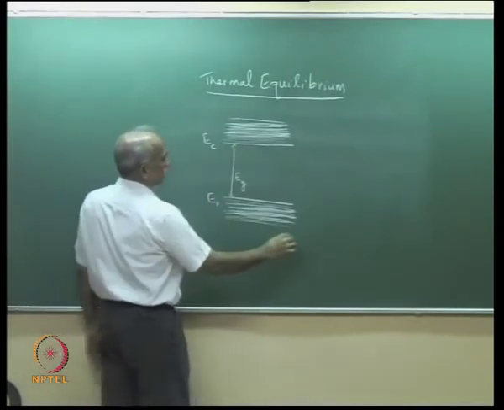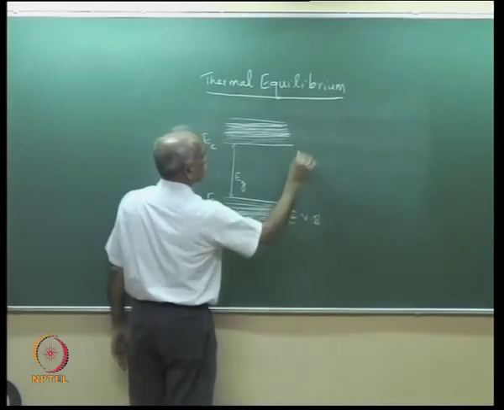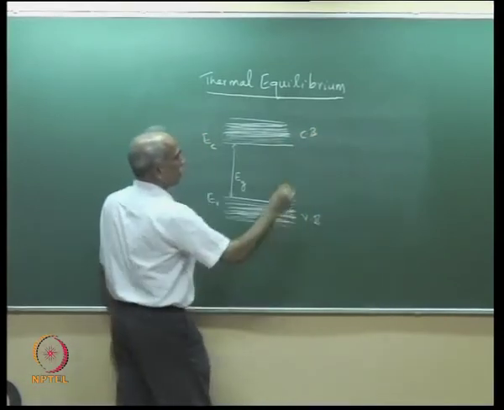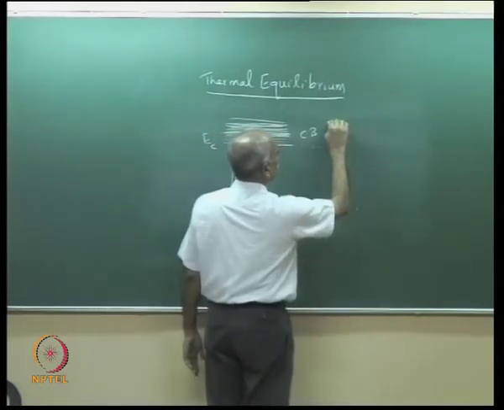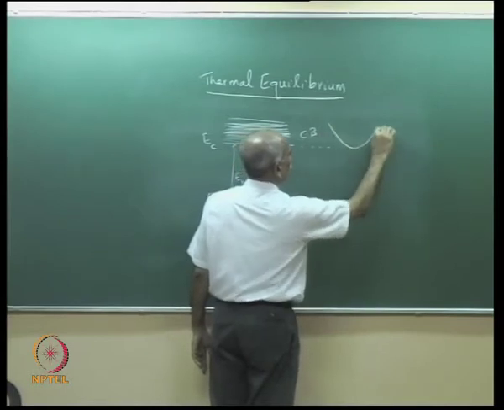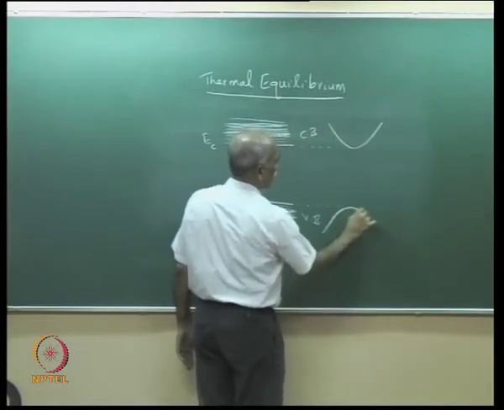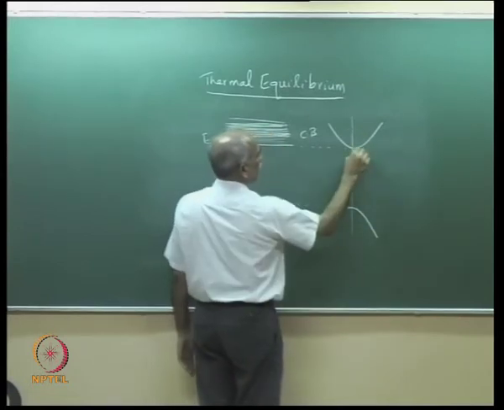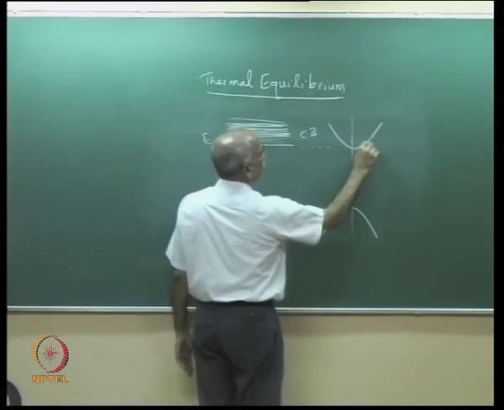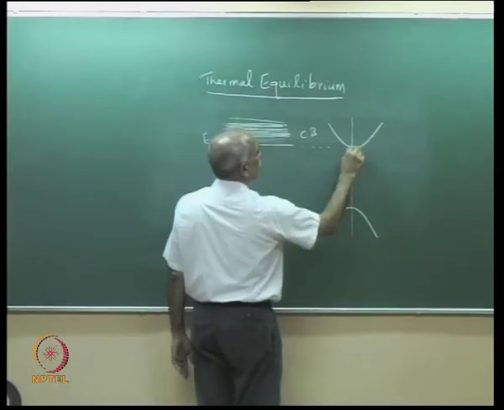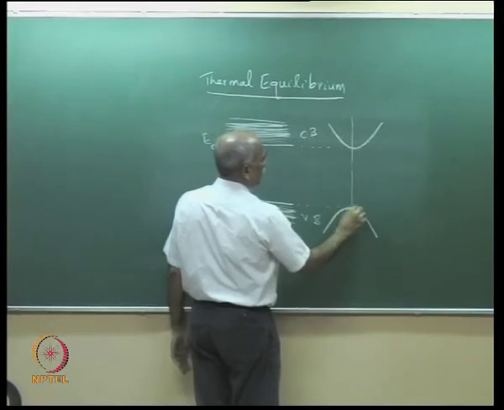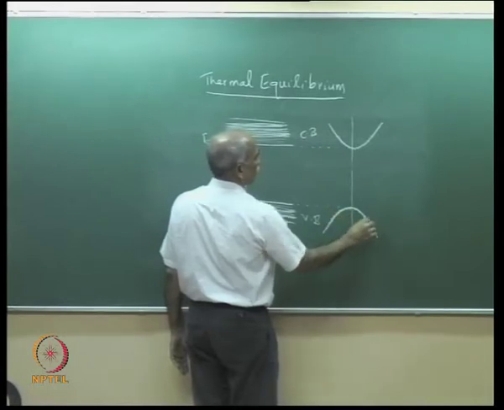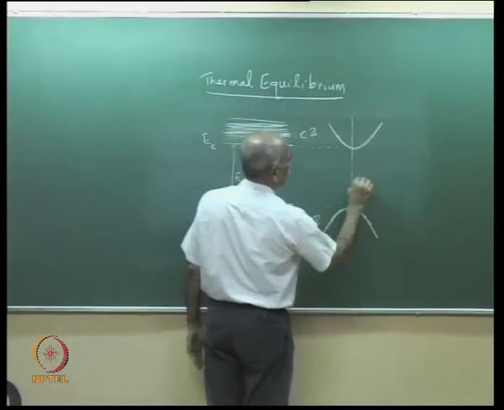This is the valence band and this is the conduction band. Along with this, we can also plot the E-k diagram, where there is a large number of allowed states here, almost a continuum, and a large number of states in the lower band as well. So both are equivalent pictures. This is E-k.